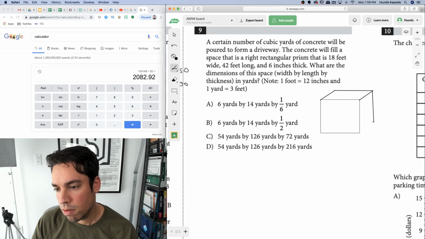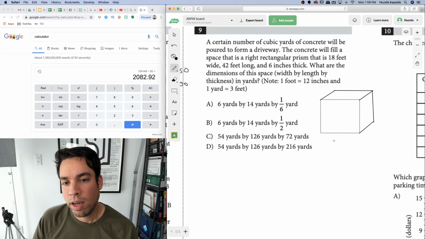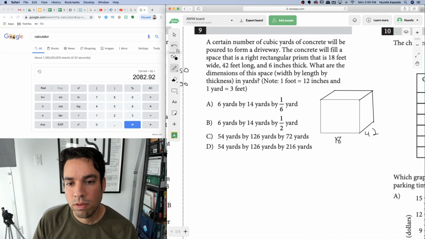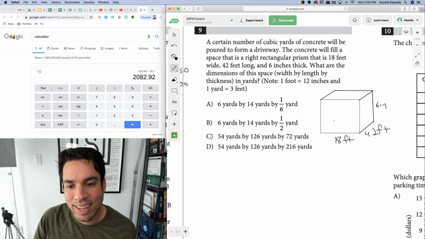So it's 18 feet wide, 42 feet long, and 6 inches thick. Well, that could be the height. I don't know. 6 inches. These are all feet, and these are inches. Okay. What are the dimensions of the space in yards?